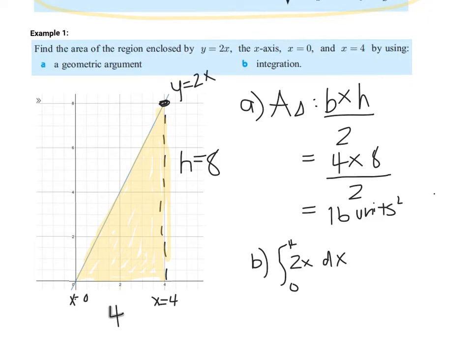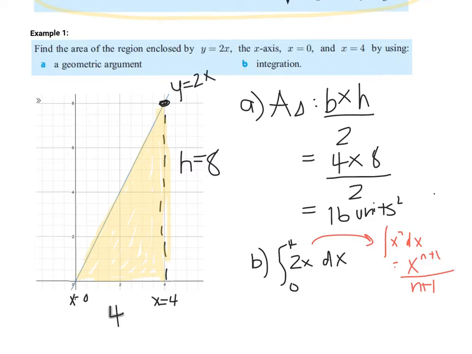And in order to do this, we need to use our reverse power rule. So remember, our reverse power rule is that if we have the integral of x to the power of n dx, then that's going to be x to the power of n plus 1 over n plus 1. We add 1 to our exponent, and then we divide by that new exponent.